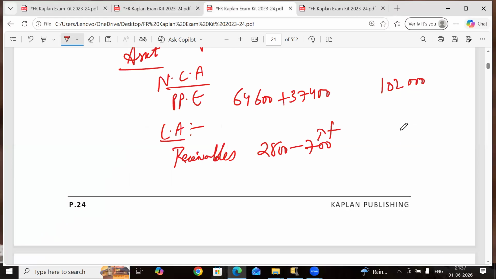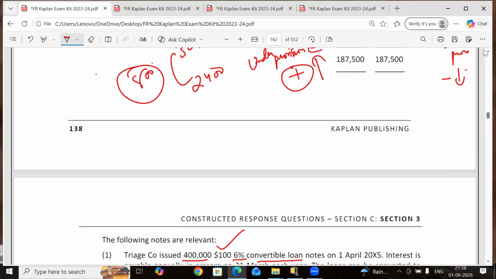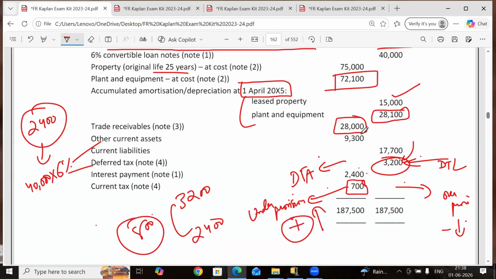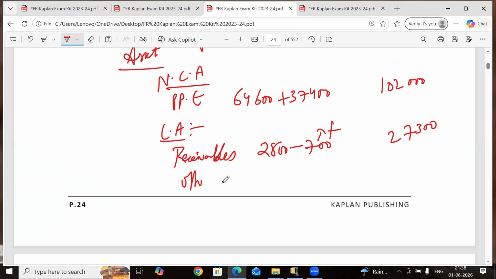Fraud amount. Any other current assets as per the trial balance? 9,300. Do the totaling. 1,38,600.